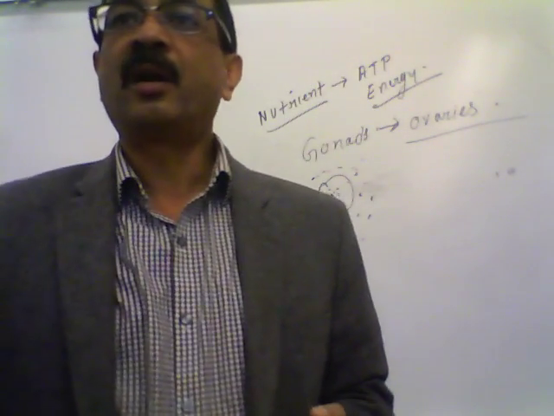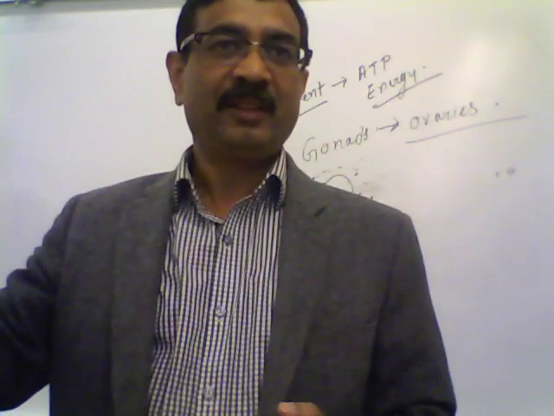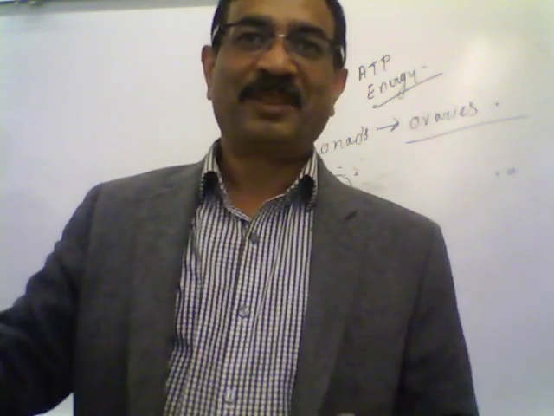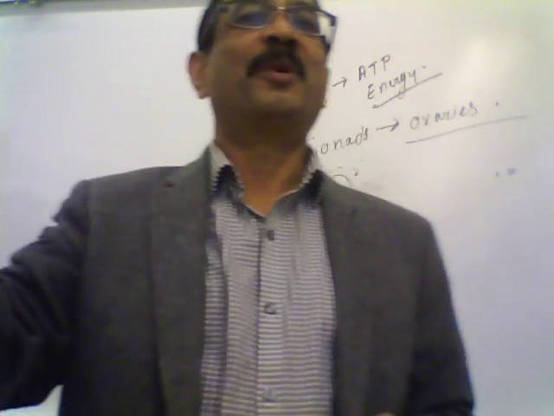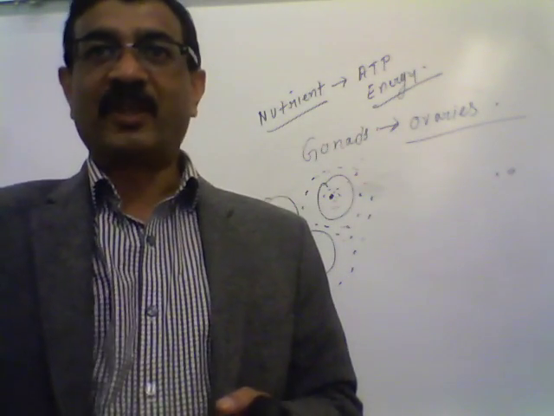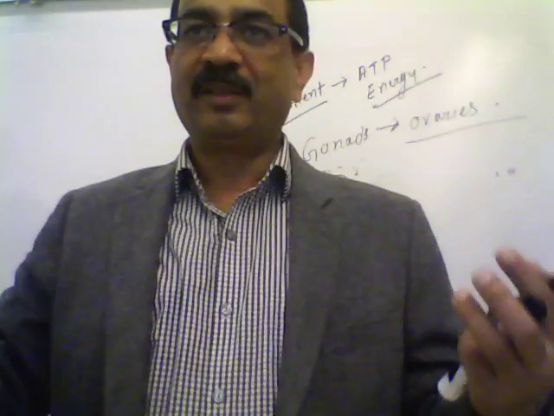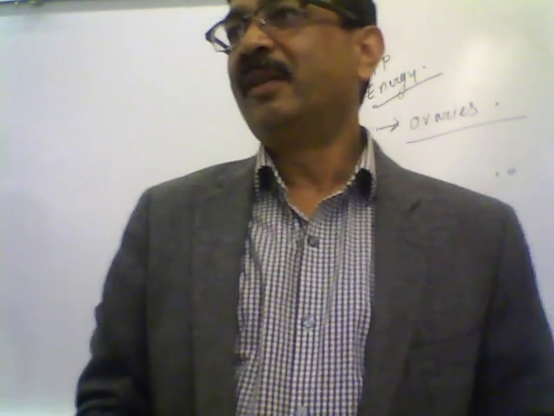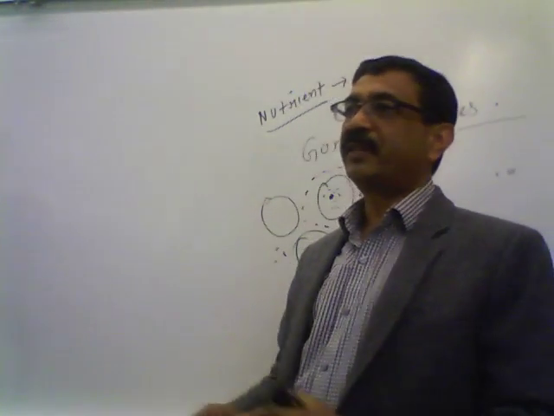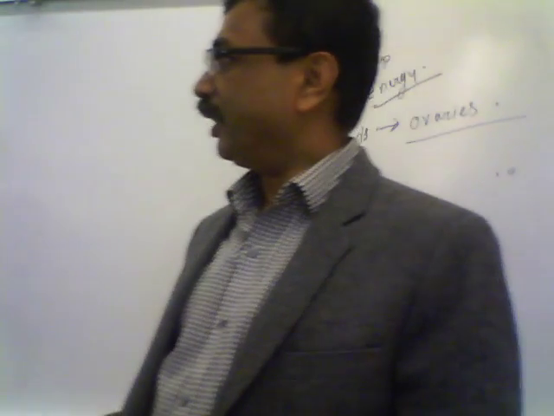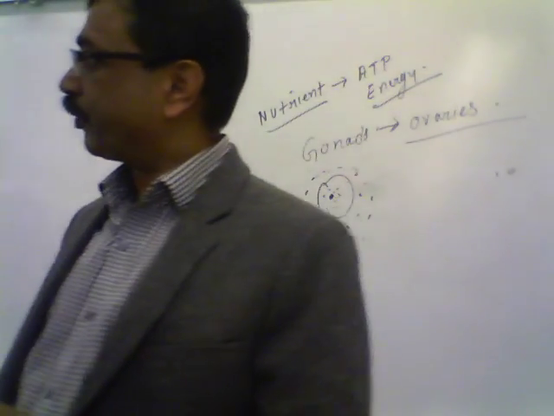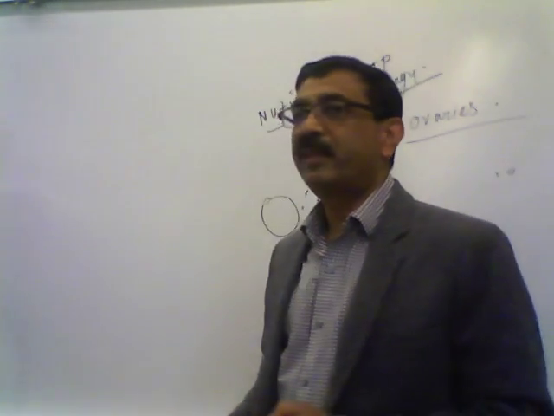To pump your heart, you need energy, right? Your heart doesn't pump by itself. For the contraction of heart muscle, you need ATP. To contract your respiratory muscle, you need ATP. For physiological actions of your body, you need ATP. That comes from metabolism. Excretion.